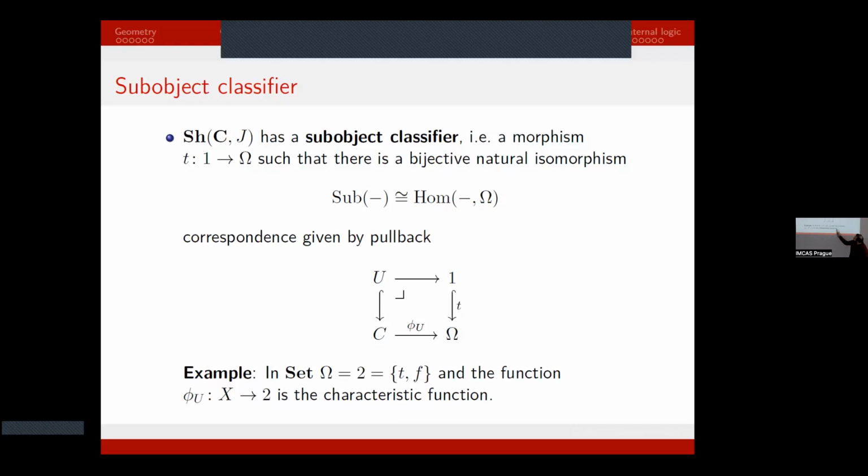It means that phi of u is essentially the characteristic function. So if we have a subobject u, we define on C the characteristic function that is t when the point is in u, and f otherwise, and this gives us exactly what we want. So this is what happens on the sets.